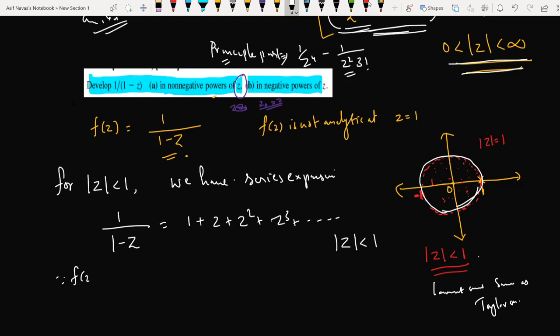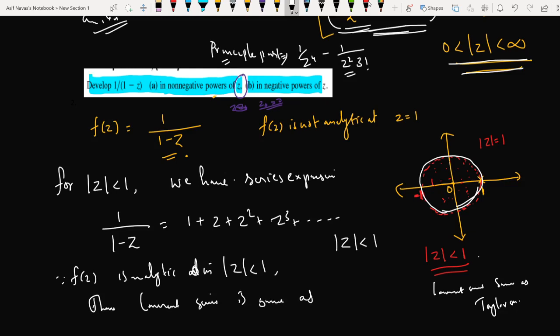Since f of z is analytic in mod z less than 1, the Laurent series is the same as the Maclaurin series of 1 by 1 minus z.